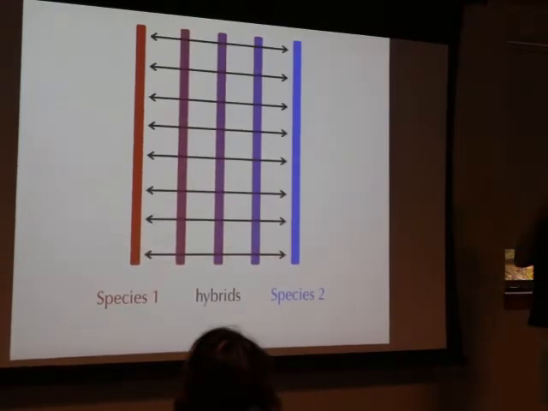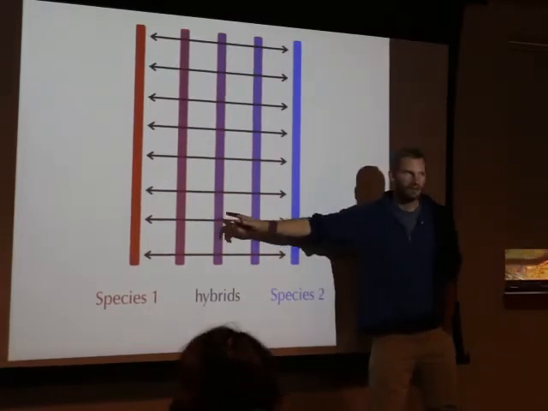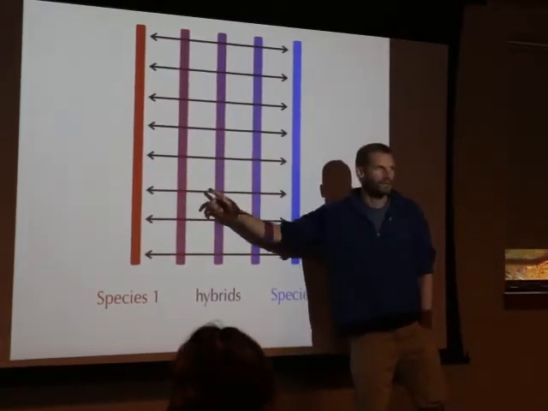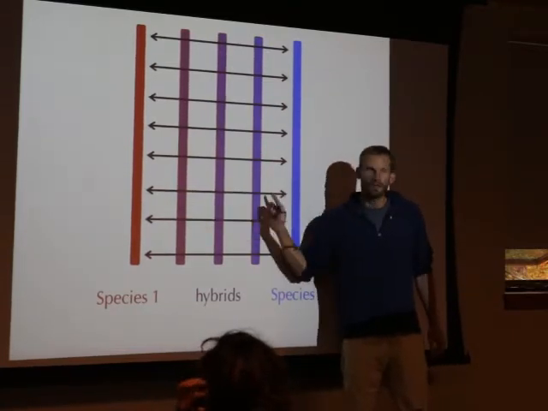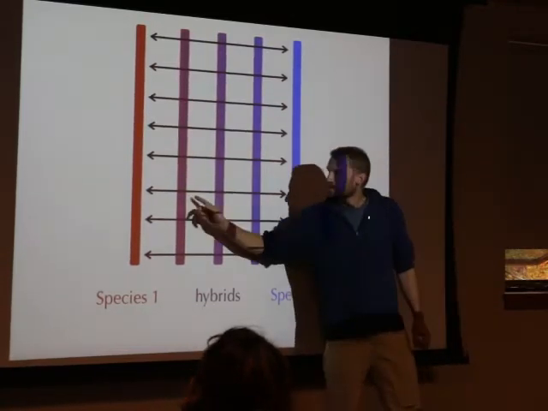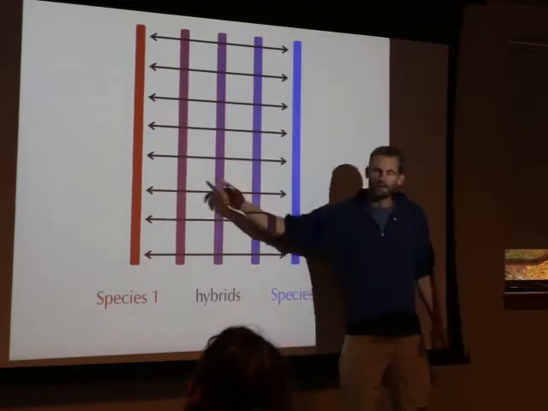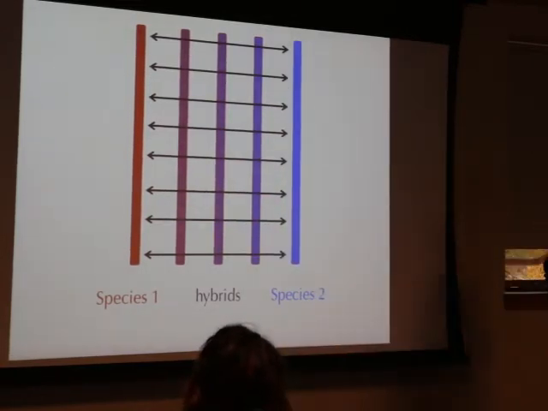So what this means is that essentially genetic information, alleles, are moving around back and forth. And with generations of backcrossing and interbreeding, alleles and genetic information can move back and forth between these species.